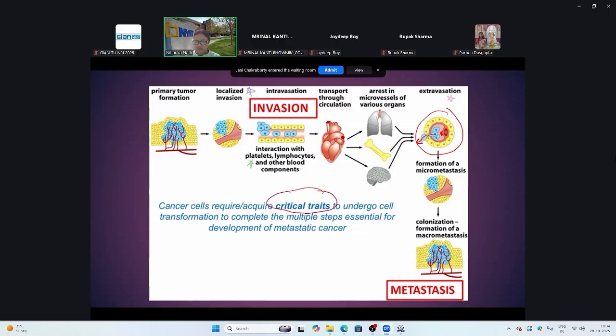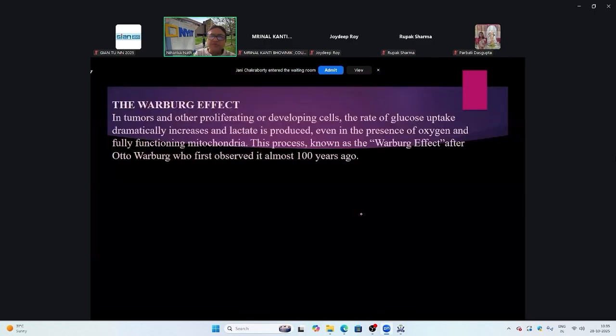So for all of this, all I need you to remember are those critical traits. Remember, I said that there are these features that the cancer cell acquires, and that was covered by that figure. So those features that it acquires in order to go through this whole transformation process and through these multiple essential steps that are required.